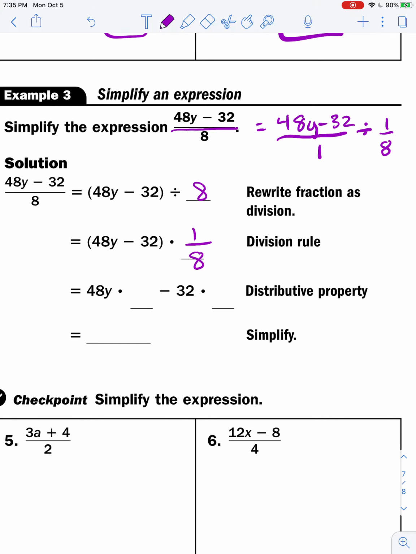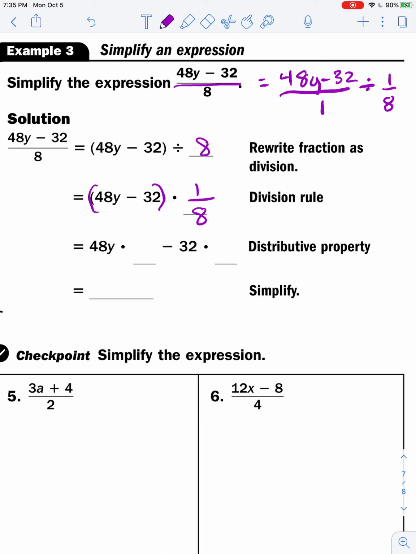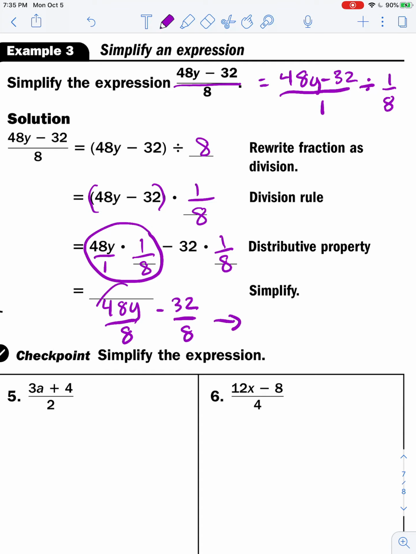And then I'm really just going to be multiplying each piece. Since this is parentheses, each piece is getting multiplied by 1 over 8. And so this part, if I think of that as having it over a 1, I'd end up with 48y over 8. This part, I'd get negative 32 over 8. But each of those things reduces, because 48 divided by 8 is 6y, and 32 divided by 8 is 4.